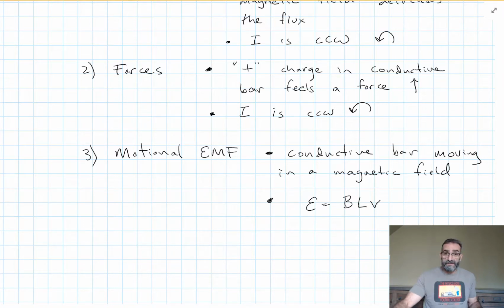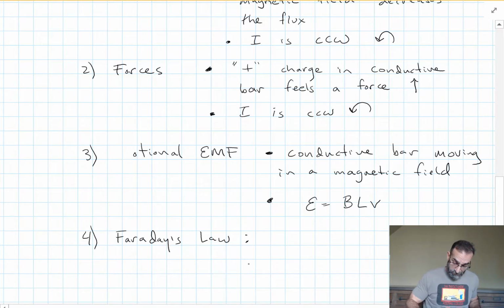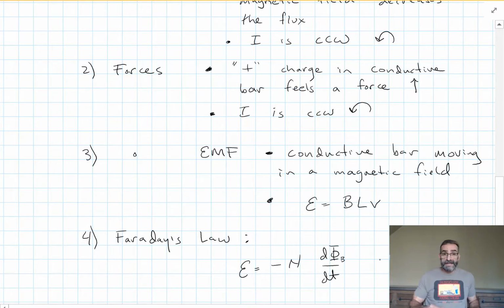There's also another way we can determine this value, and that's using Faraday's law. Faraday's law tells us the induced EMF is proportional to the rate of change of the flux.